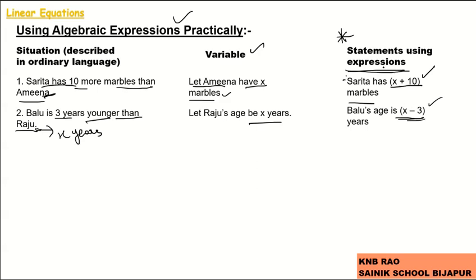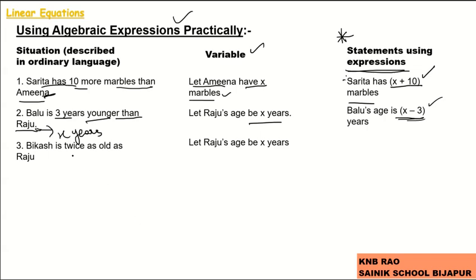So now the third one: Bikash is twice as old as Raju. Here the age of Bikash is depending on the age of Raju. So let us assume Raju's age as x years only. Therefore, Bikash's age is twice.